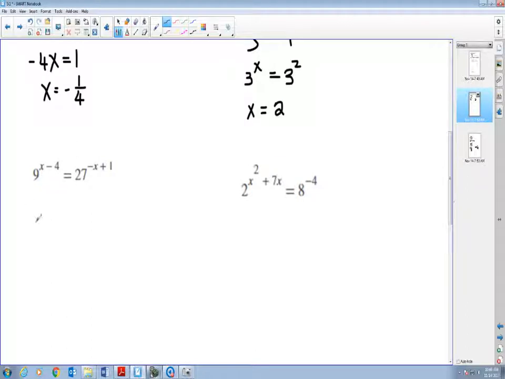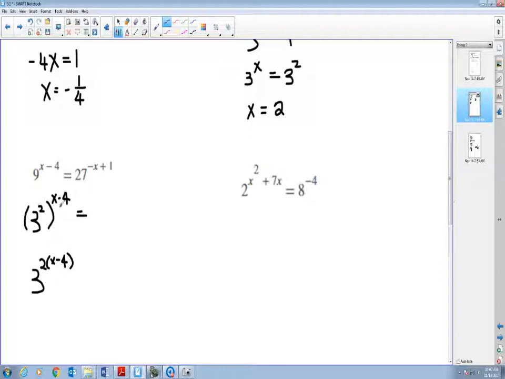Base 9 can be written as 3 squared. But on top of the 9, there's another exponent that says x minus 4. So if I write them this way, as a power rule, multiply the exponents. So this is going to be 3 to the 2 times parenthesis x minus 4, because x minus 4 is two terms.